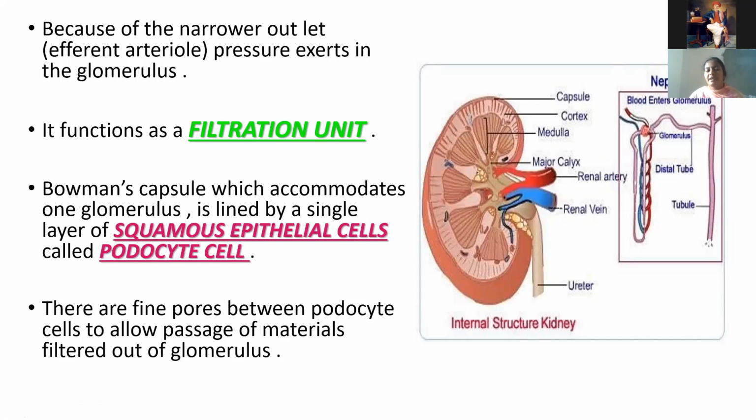It is lined by a single layer of squamous epithelial cells. Where are squamous epithelial cells found? They are found in the fingernails, skin, and stomach. These cells are called podocytes.